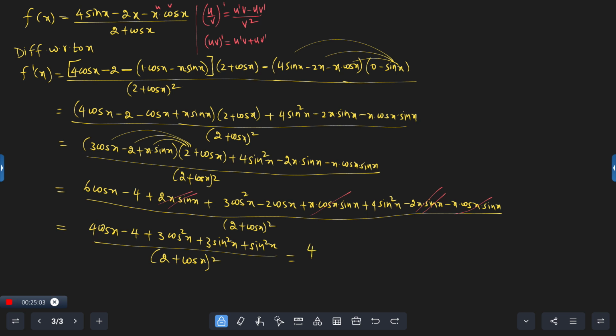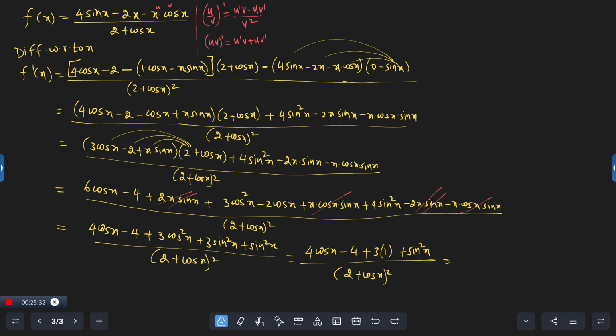What is that? 4 if you take outside, cos x minus 1, okay, plus, or else 4 let it be 4 cos x, 4 cos x minus 4 plus 3 let it be, sin square plus cos square what? 1, and plus sin square, okay, whole divided by 2 plus cos x whole square.